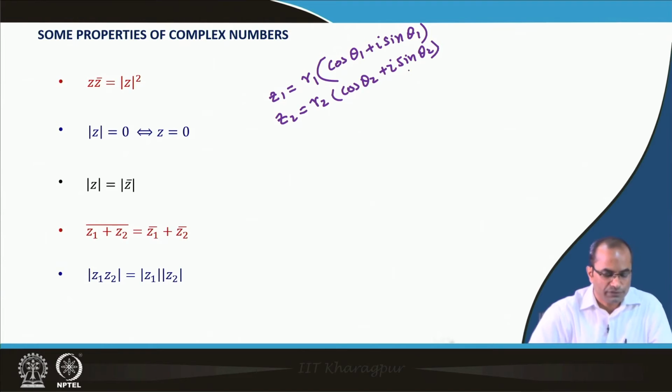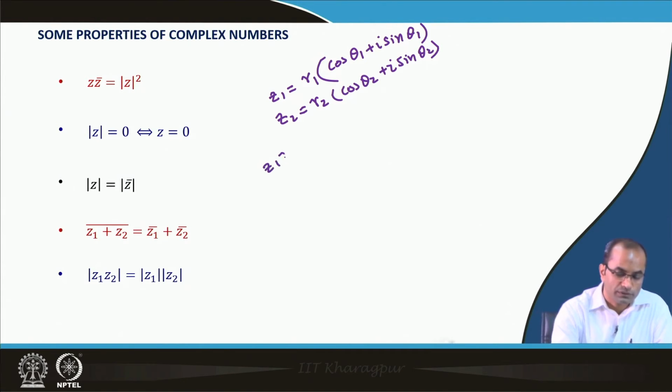These are the two different numbers z1 and z2, and we are talking about the product z1 z2. So this is r1 r2, and the product of the two trigonometric parts will come.